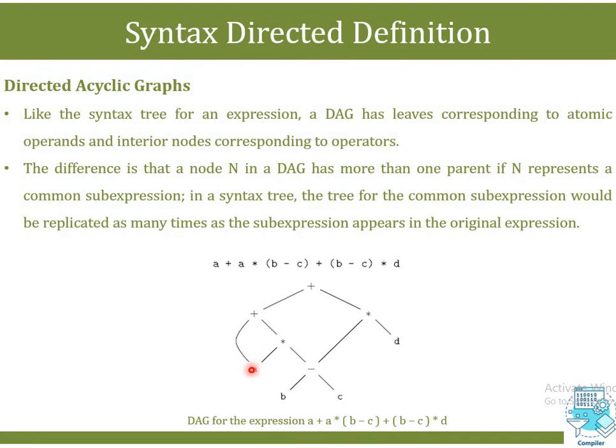This provision is not available in the syntax tree. Here you just see b minus c we have twice. B minus c expression we have 2 times. But even though we have 2 times, in your directed acyclic graph, it is represented only once. So this is what is called a directed acyclic graph.